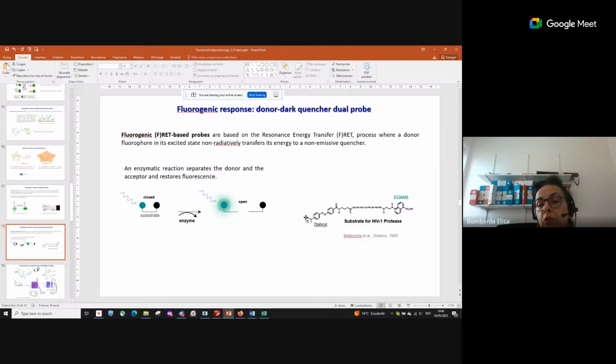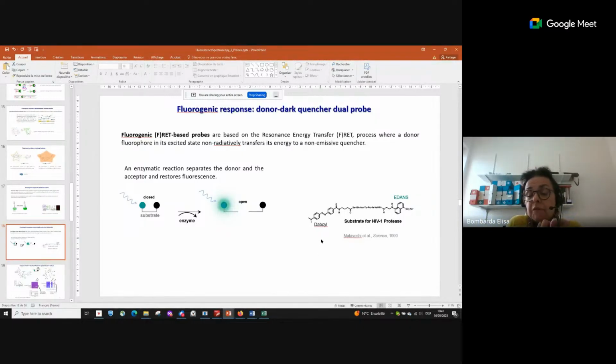We saw that the quencher is Dapsil, which is a very common quencher molecule, so we also used this as a quencher. And in our case, it didn't really work.